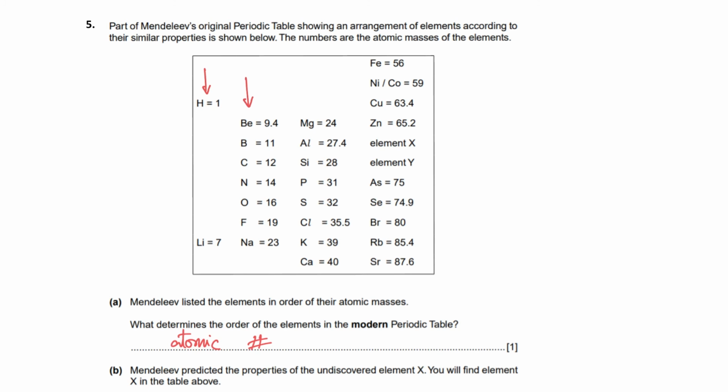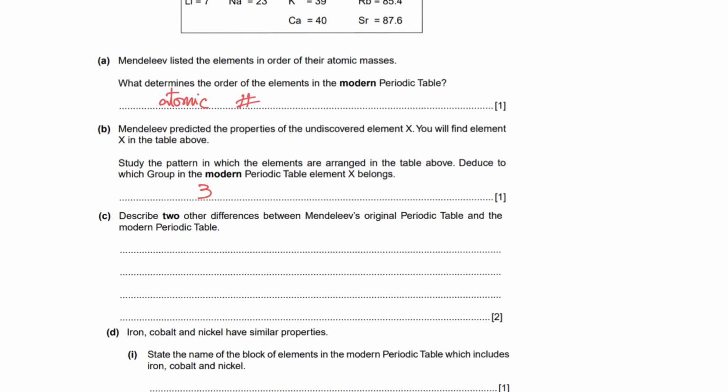Beryllium and magnesium are both in the same group these days, but that's not the case here. So the first thing we should mention is that groups are now vertical but horizontal here.